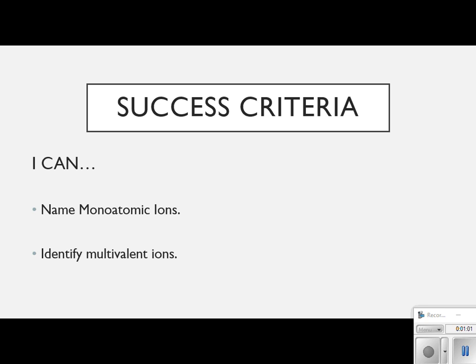All right, I'm going to show you today in our review notes how to identify multivalent ions. The final success criteria that I have, I can write the formula for binary ionic compounds. And remember how we just stated that in order to do so, I'm going to need least common multiples. I'm going to need the crisscross method.